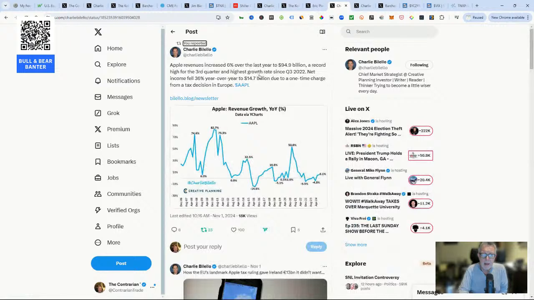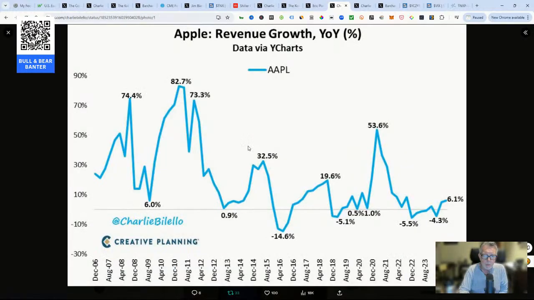And looking at Apple's revenues, Apple revenues increased 6% over last year to $94.9 billion, a record high for the third quarter and the highest growth rate since Q3 2022. Net income fell 36% year over year to $14.7 billion due to a one-time charge from a tax decision in Europe. So when I look at this growth chart, I see lethargic growth here.